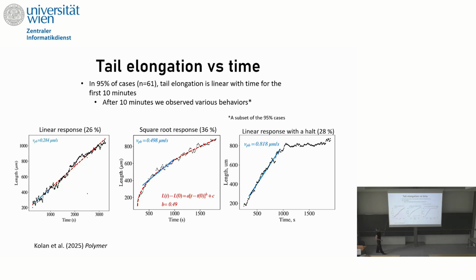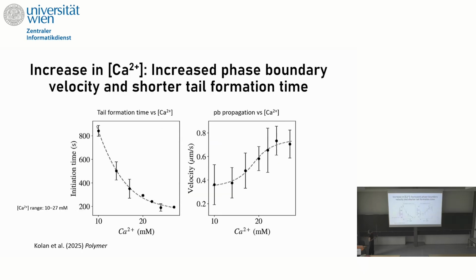So after a certain time, the phase boundary stopped propagating. The phase boundary velocity was in the range of 0.2 to 1.7 micrometers per second, which was in the range Tasaki found in his experiments. In his experiments, it was 1.67 micrometers per second, converting the units he used.